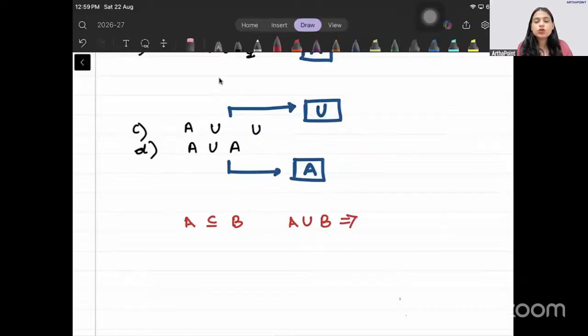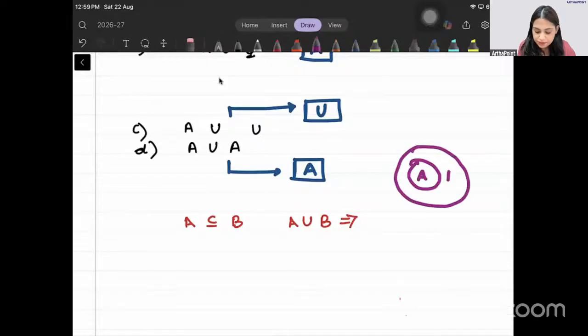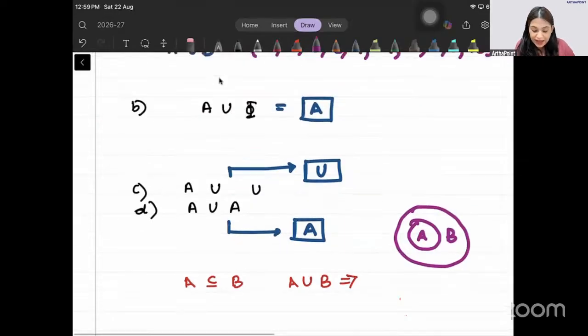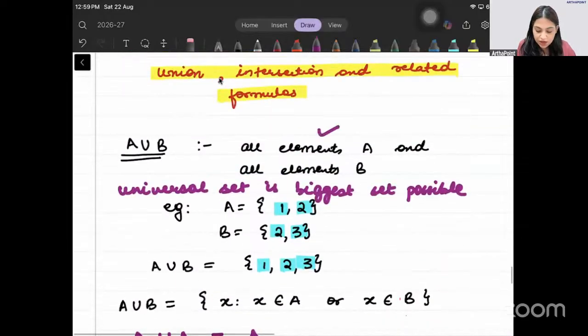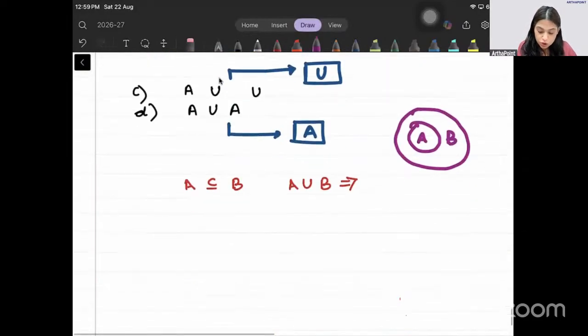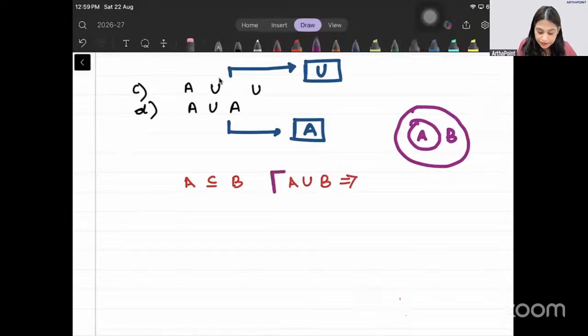B. Because जो भी A में है वो सब B में है. Whatever is in A is in B. Right? And B may contain more also. So when I have to consider all elements of A also, all elements of B also, we will say that this is simply going to be B.